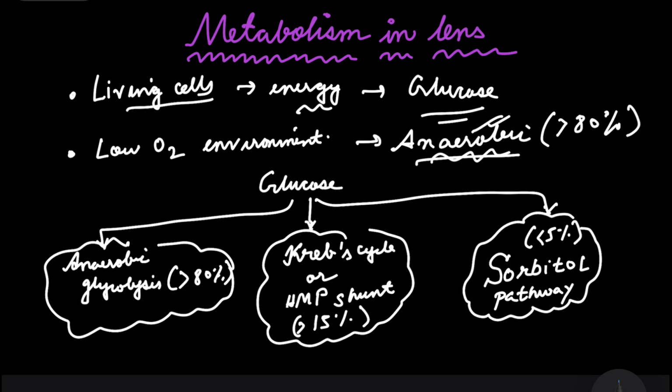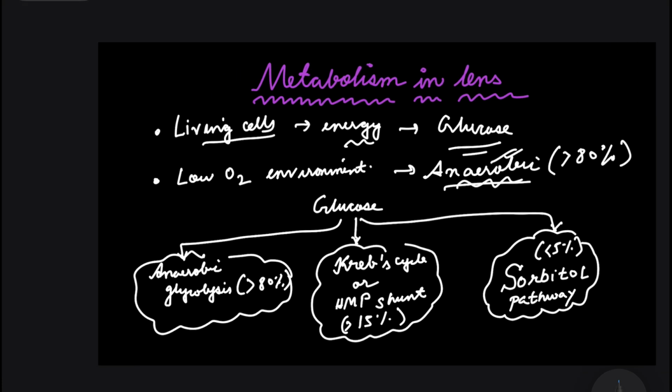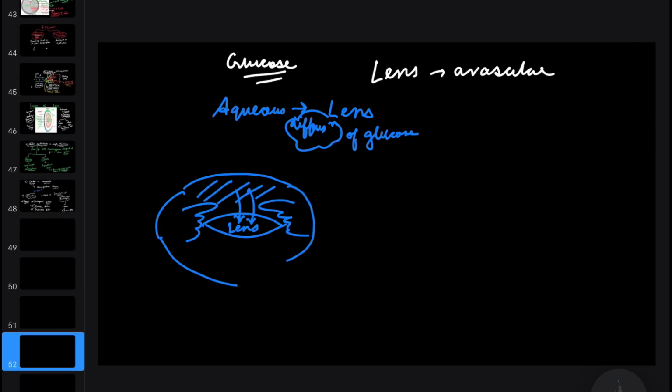Now, what exactly is the sorbitol pathway? Let me quickly give you an overview. Suppose this is glycolysis going on. Glycolysis was anaerobic, right? Anaerobic glycolysis was going on.